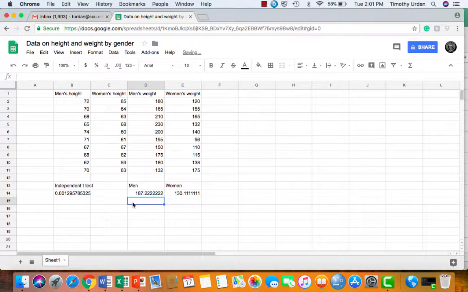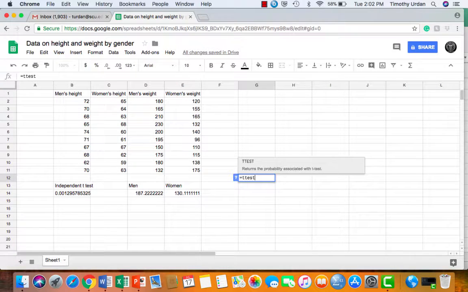All right. And then if I want to do a t-test, I did this independent t-test. Let's see. That was the t-test for height. So I will do a different t-test for weight. Let's see. I'll do that over here. Equals t-test.